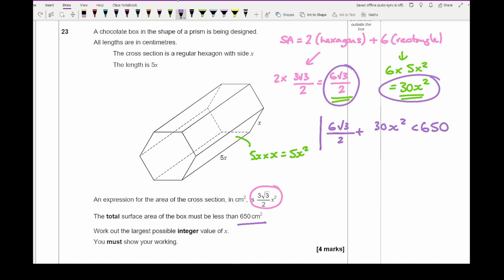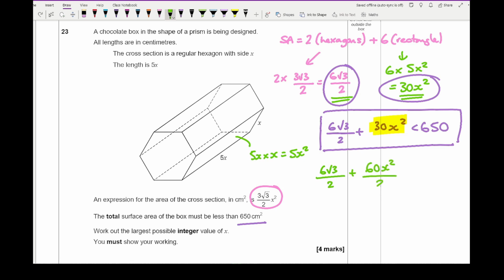So this is what I'm working with. Now, to simplify this, I need to have a common denominator. So I'm going to convert this so that it's over 2, and to do that I just multiply it by 2. So that then becomes 6 root 3 over 2 plus 60x squared over 2, and that's less than 650.